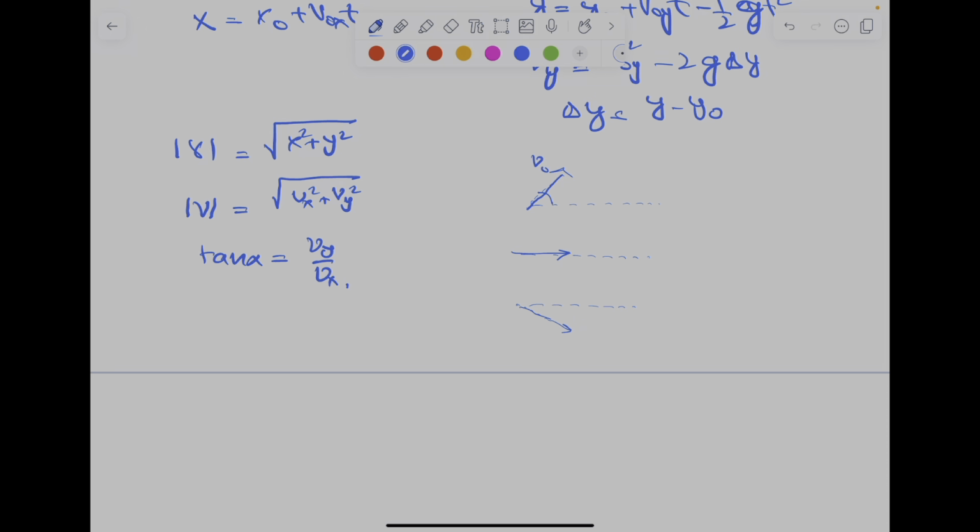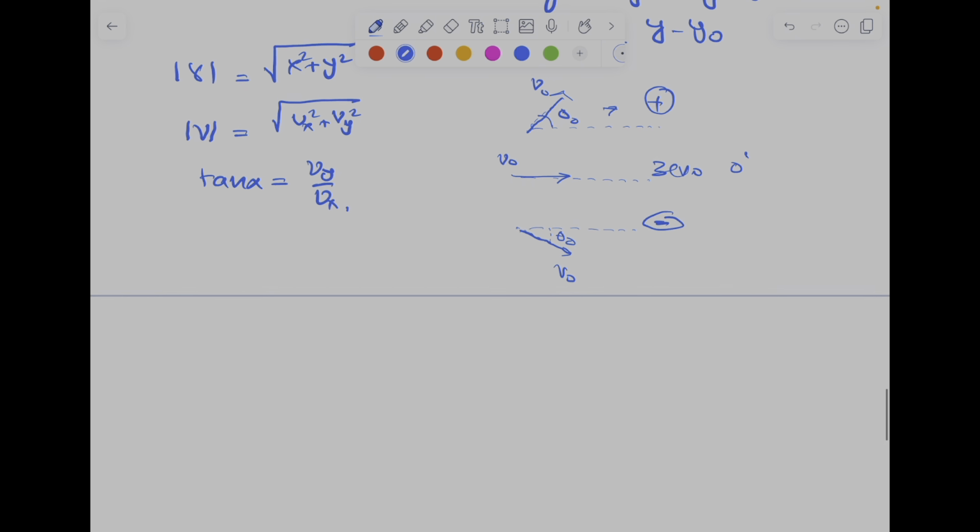So it's v naught, v naught, v naught. So this is your angle theta naught. Here we don't have an angle theta naught. So in that case, the angle is positive. In that case, your angle is 0 degrees. And in that case, your theta is negative, which is below the horizontal.